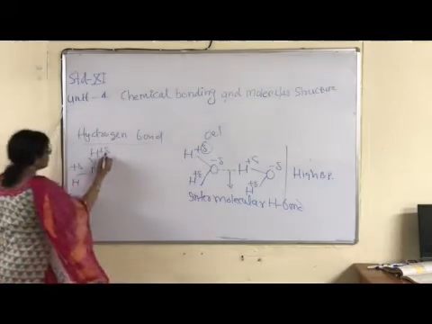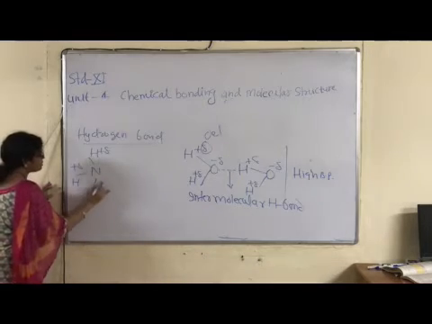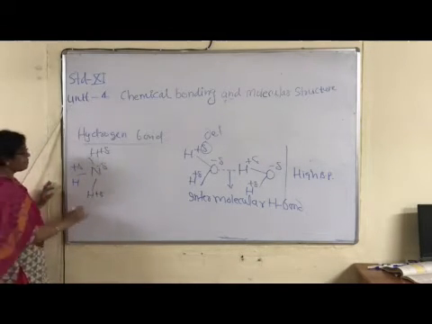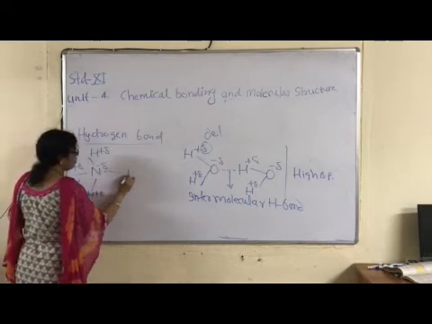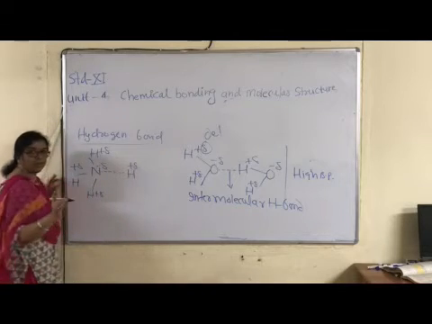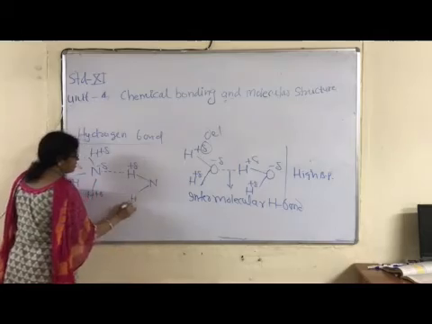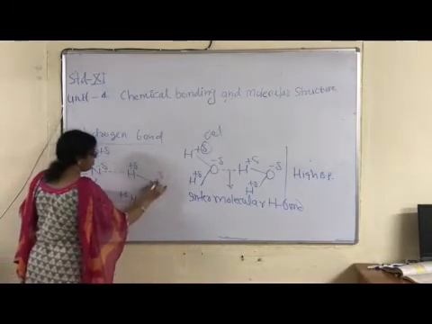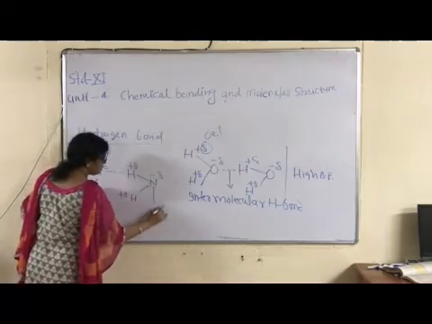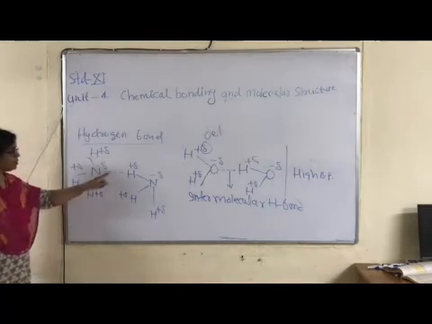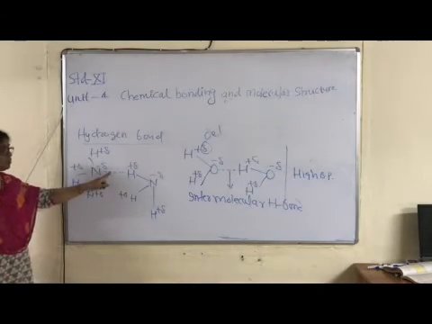Okay, this is plus del, plus del, plus del, minus del, right? Certain molecule of ammonia of same type, N, H plus del, minus del, H plus del, right? This is intermolecular hydrogen bond.